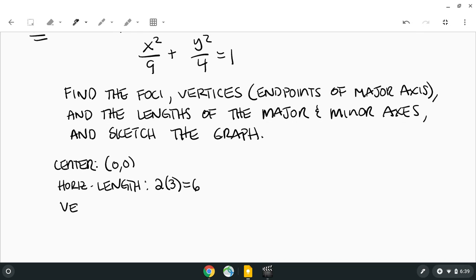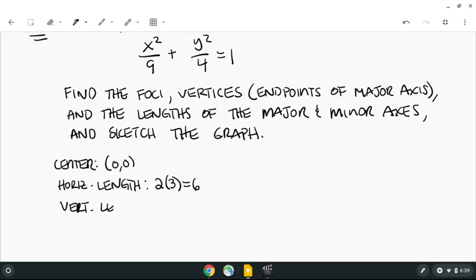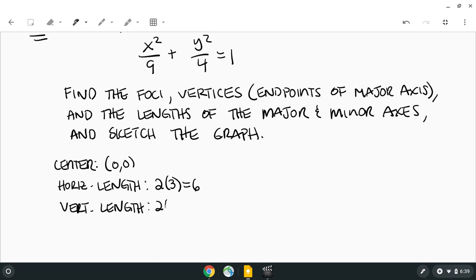And my vertical length will be, vertical, that's under the y, so square root of 4 is 2, so it's going to be 2 times 2.